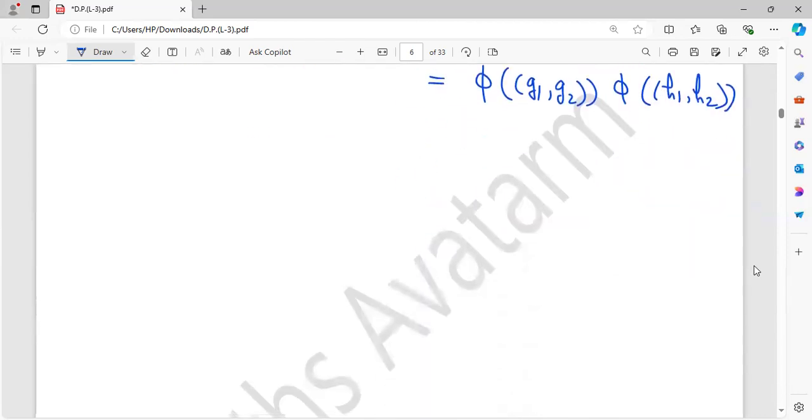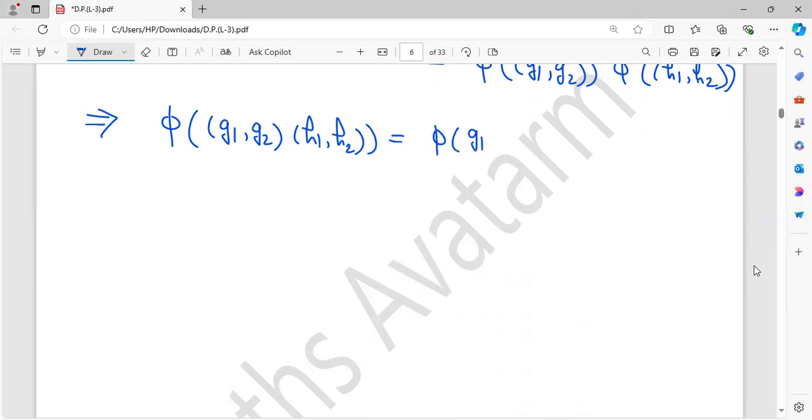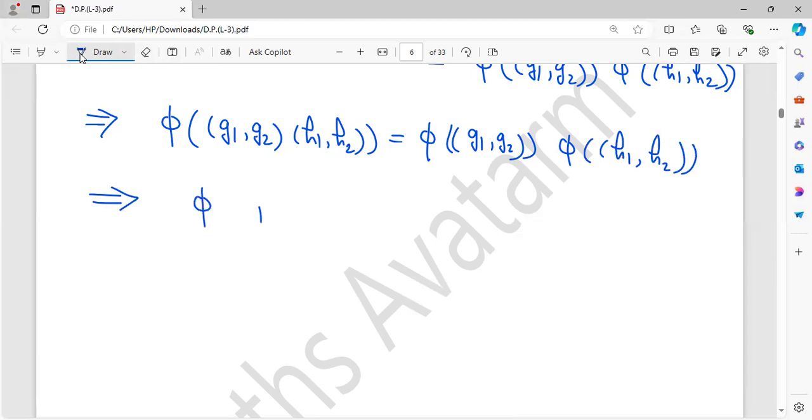So this implies phi((g1, g2)(h1, h2)) is equal to phi(g1, g2) phi(h1, h2). This implies phi is a homomorphism.